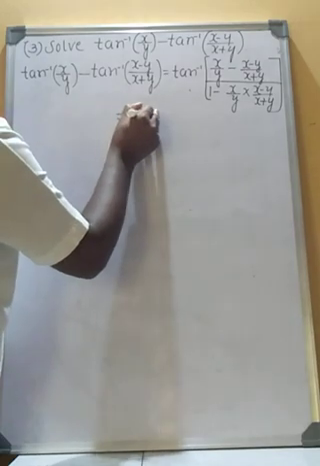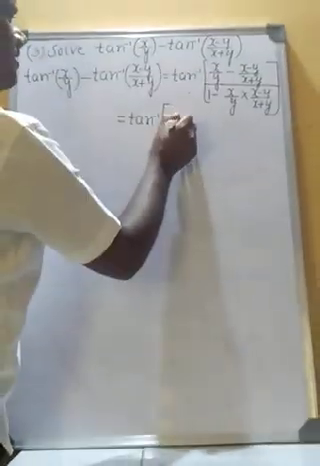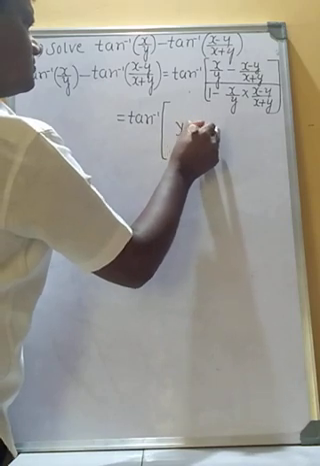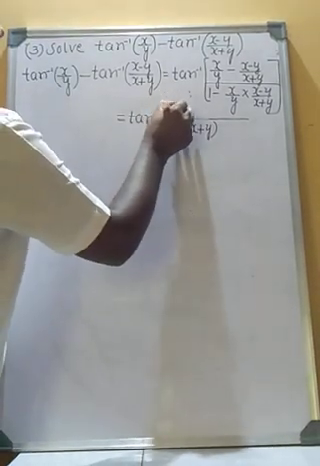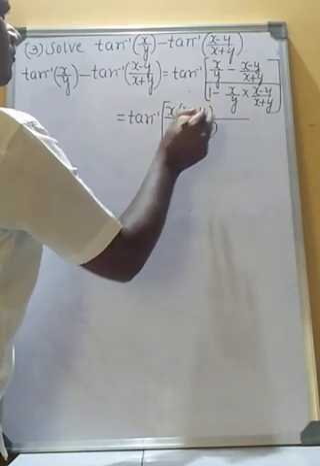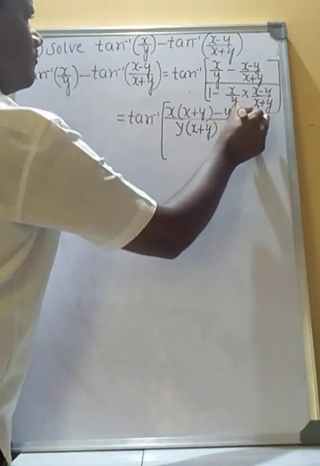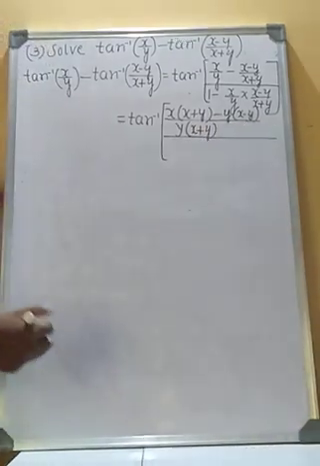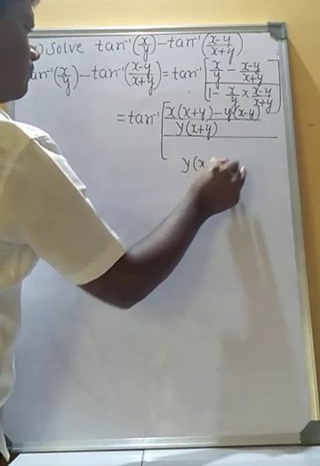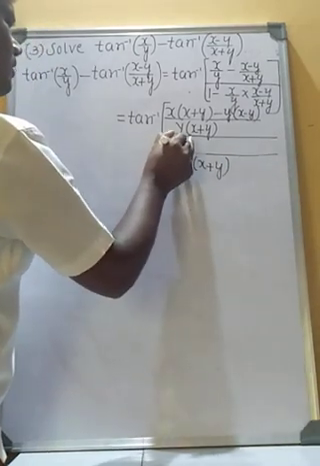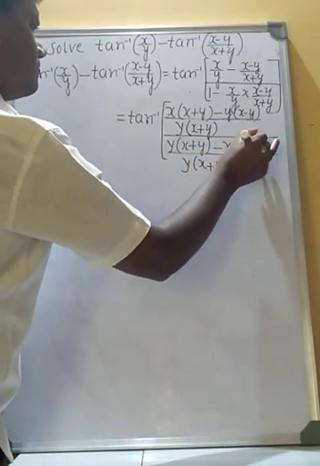It is equal to tan inverse of, LCM is y into (x plus y) in numerator: x into (x plus y) minus y into (x minus y) whole divided by, denominator also LCM y into (x plus y): y into (x plus y) minus x into (x minus y).